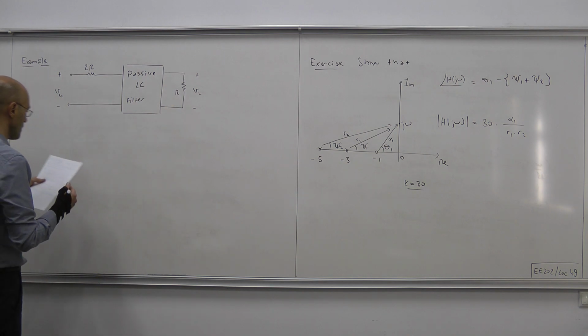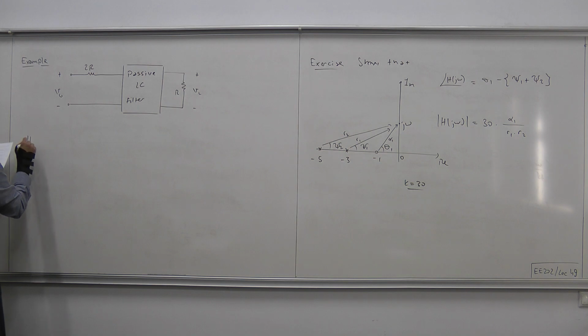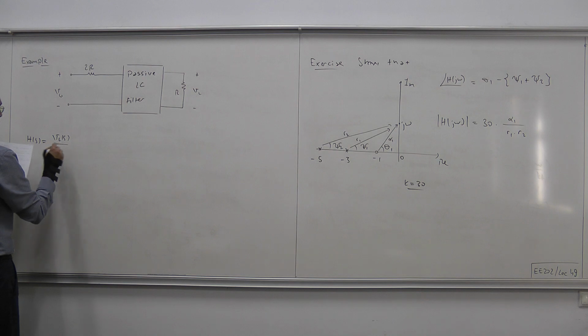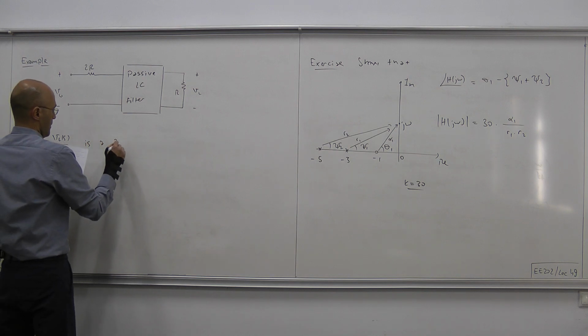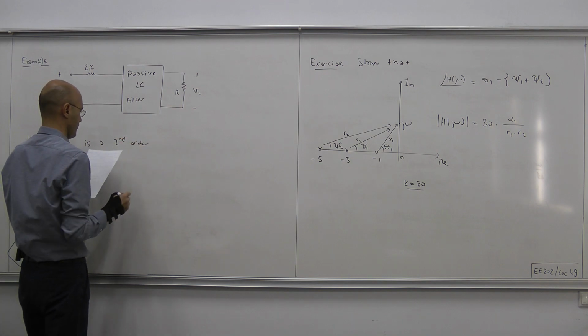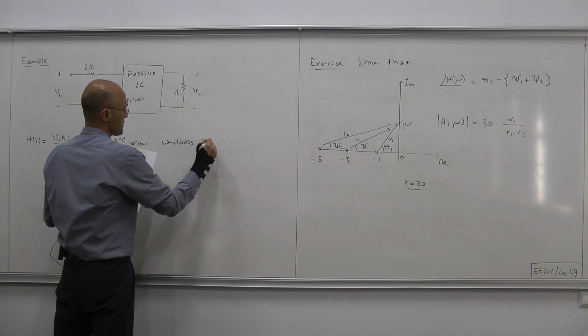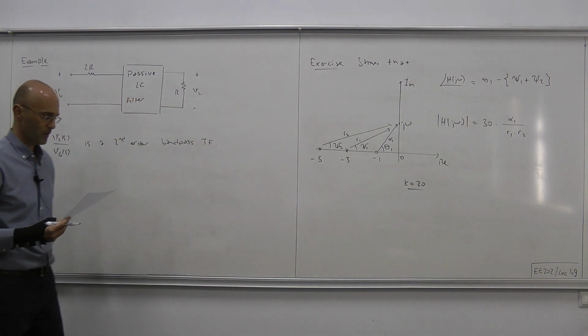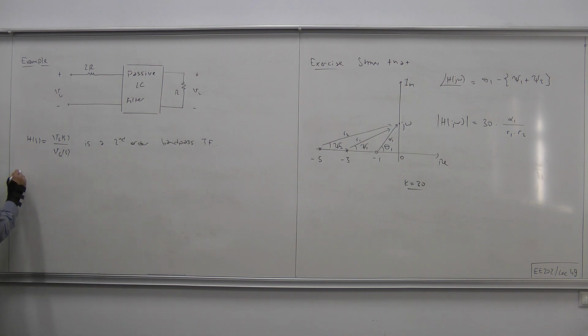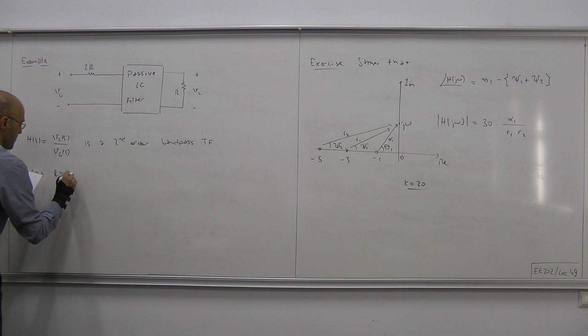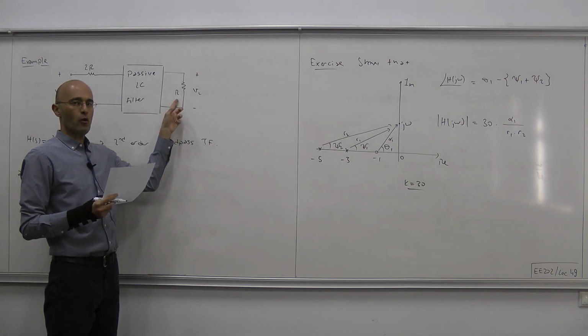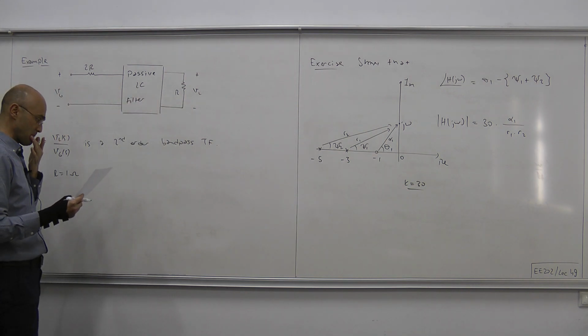Now, what we're given is the following information. H of S, VL of S over VG of S, is a second order bandpass transfer function. Suppose the resistance R is 1 ohm. So here we have 1 ohm, here we have 2 ohms.